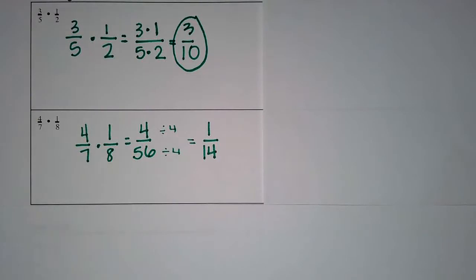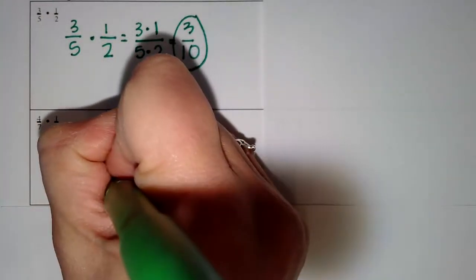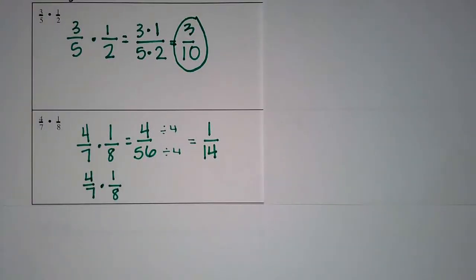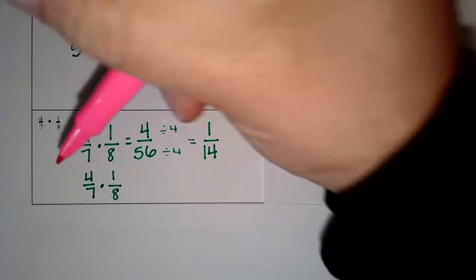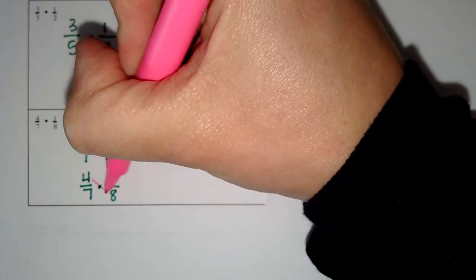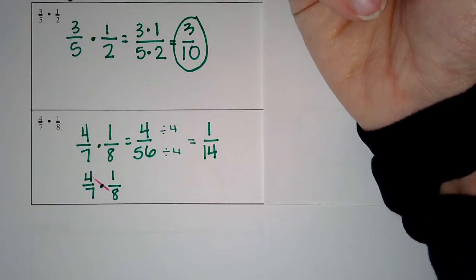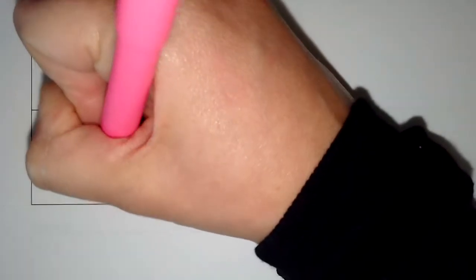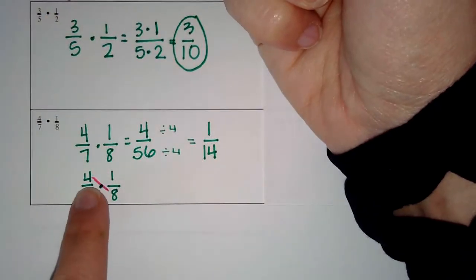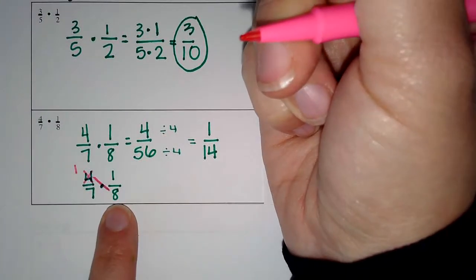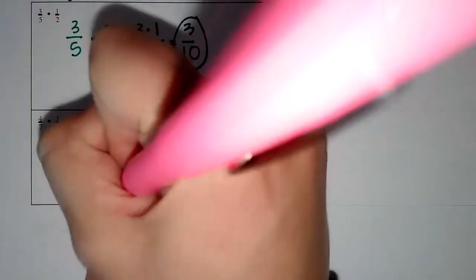But there's another way to simplify when we are multiplying fractions. When I have numbers diagonally from each other that are multiples of each other, I can simplify. So 4 is a multiple of both 4 and 8. 4 divided by 4 is 1, and 8 divided by 4 is 2.